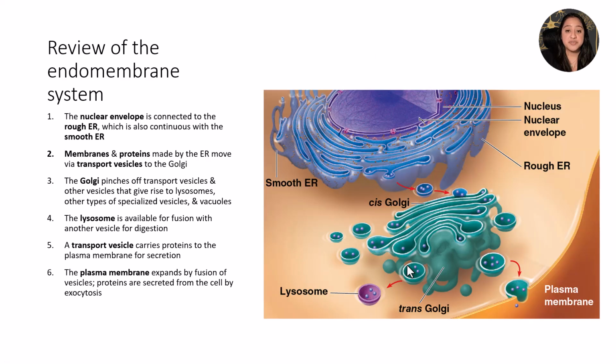So here's a review of the whole endomembrane system and the components and how they work together. So the nuclear envelope is connected to the rough ER, which is also continuous with the smooth ER. If something is made here, the membranes and proteins made by the ER will move via transport vesicles to the Golgi.